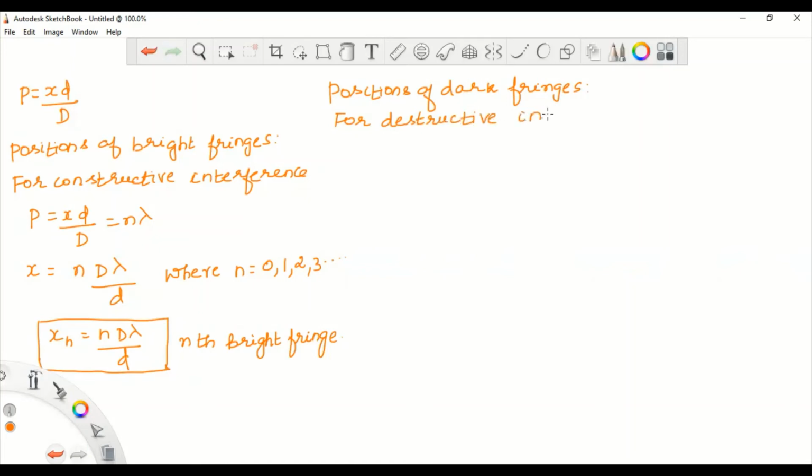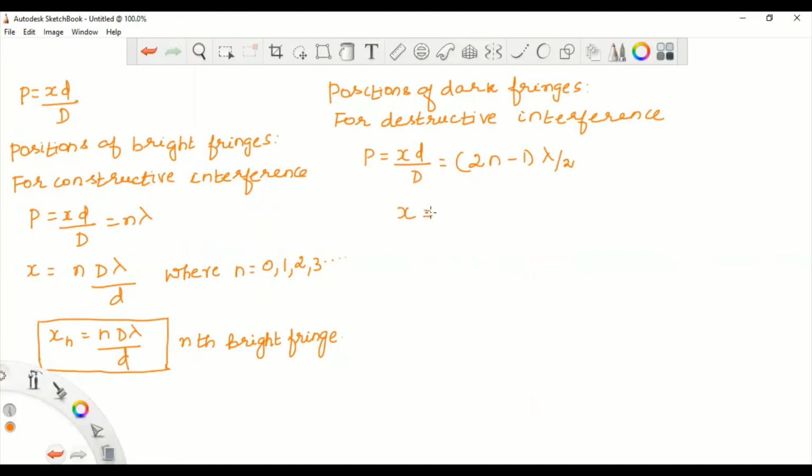Again, we know the relation. So, xd by D is the path difference, and the condition for destructive interference is (2n minus 1) lambda by 2.